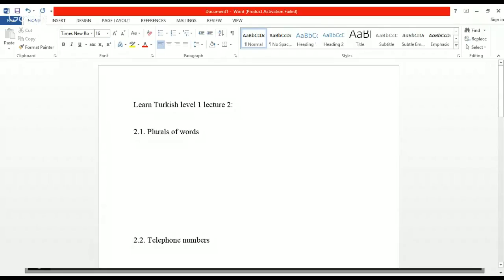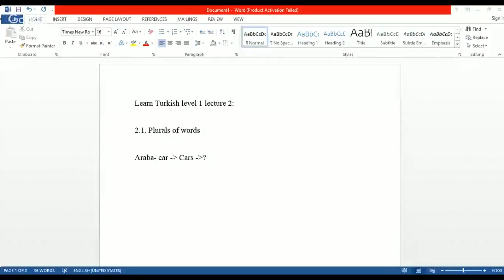Well, in Turkish, the rule is very simple: you have to look at the last vowel, and the last vowel will tell you what suffix will come to produce the required word. In Turkish, everything is with suffixes. If you want to make a word plural, you use a suffix.